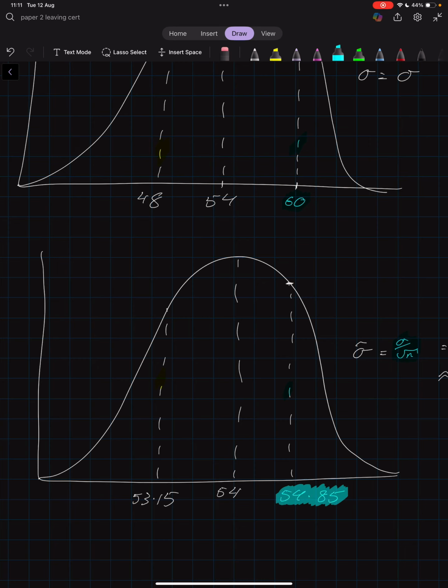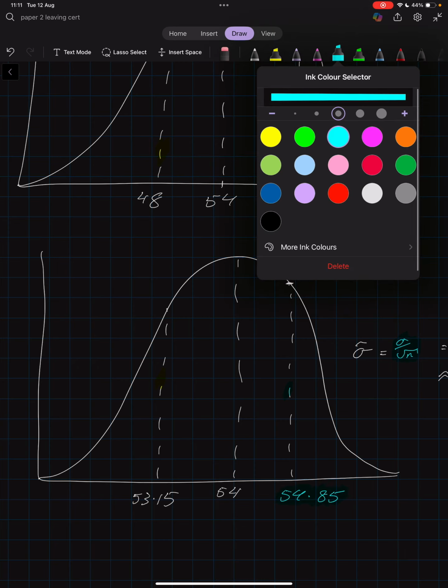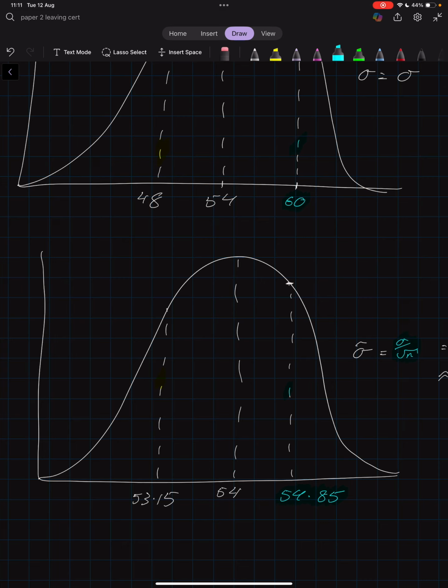So if you looked at 50 batteries, there's basically the same chance that you'll get an average of 54.85 as you would of finding one of them that has a 60. Okay? So hopefully that makes sense, that the more you sample, the less likely you are to get a very different result from the mean.